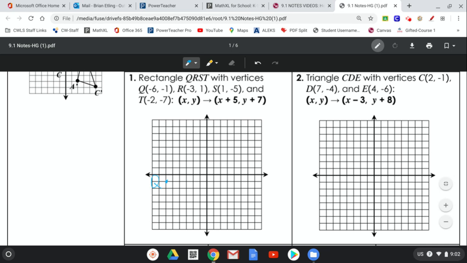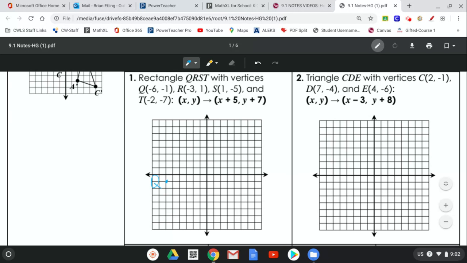I put a link to Desmos in Canvas, and that's where I'd recommend that you plot the points. If you have graph paper, that's fine too, whatever your preference. But if you don't have access to that at home, use Desmos. Create a table and use Desmos to plot the points, and then you can see where we're going to be moving them to, to make that image.